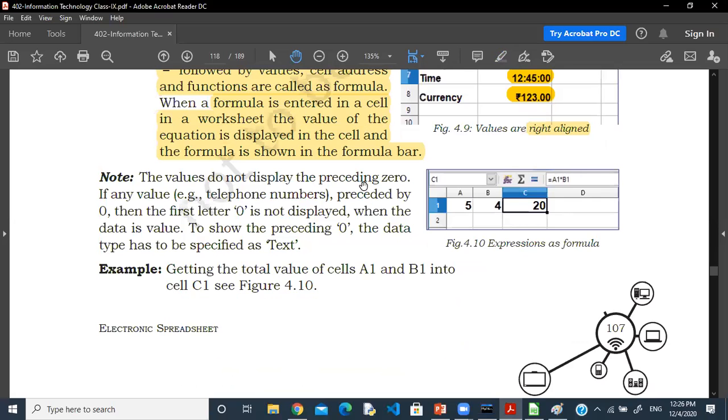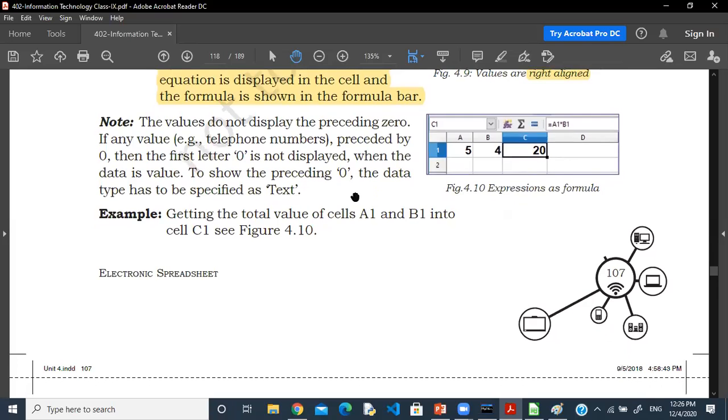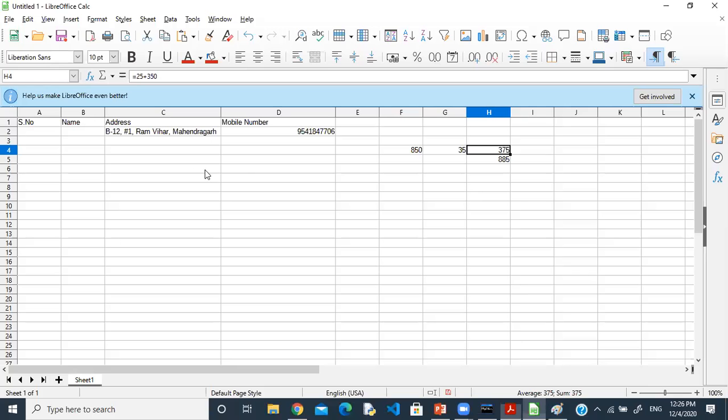Values do not display a preceding 0. If a value is preceded by 0, the first 0 is not displayed when the data is a value. To show the 0, it needs to be made text; the data type has to be specified as text. One thing to remember: if you write a number like 09852174678, the zero is automatically omitted.